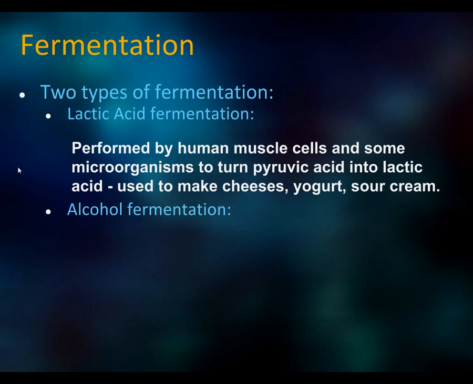As your muscles start using large quantities of ATP to make you move and do the sport or the activity that you're doing, when they run out of oxygen, they still have to get rid of the pyruvate that has turned into pyruvic acid. And so it will actually go through lactic acid fermentation.